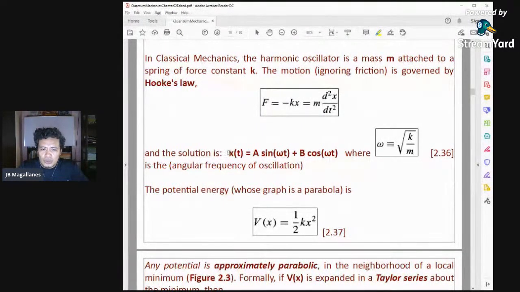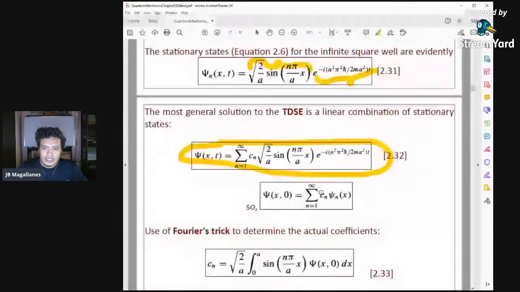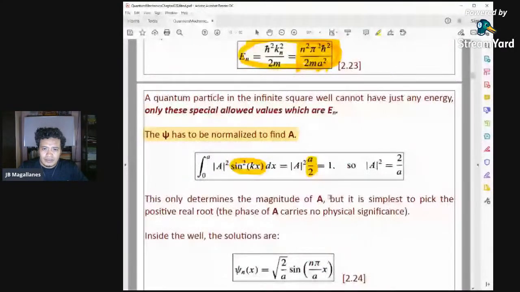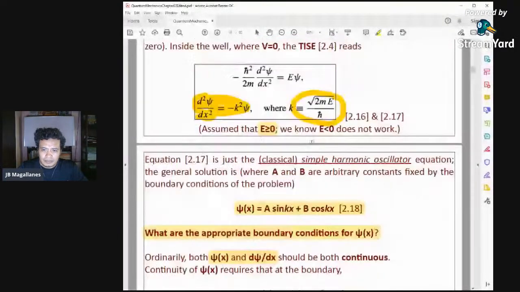Your solution would look like this, because this is just a second-order differential equation, no? And it is, of course, the harmonic oscillator. The solution is like that.